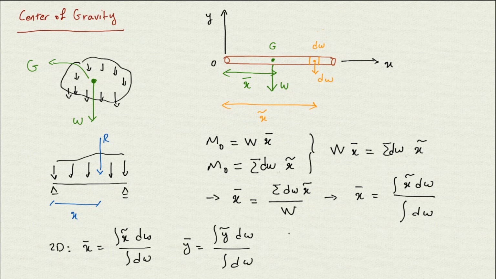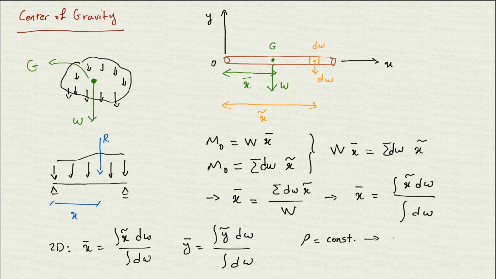One point before I start talking about it is that if we have an object with constant density, in other words, if the rho, the density of the object we have, is constant, then the center of area, center of volume, center of line would be the same as the center of gravity.